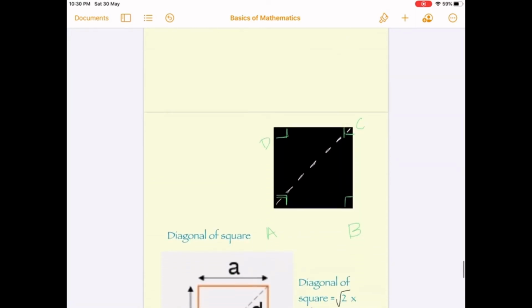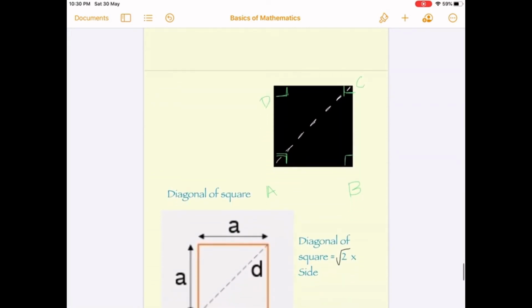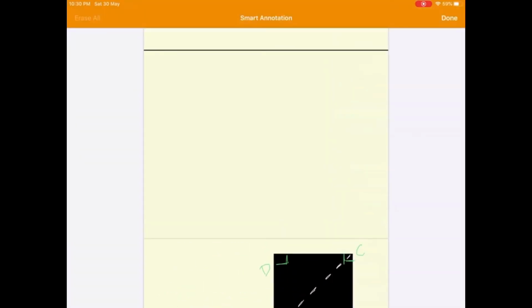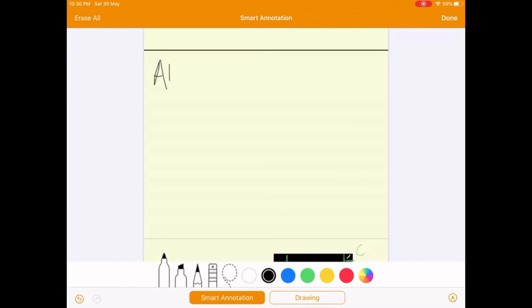Okay, so this was about the altitude and medians. I hope the concepts are clear. So what is altitude?